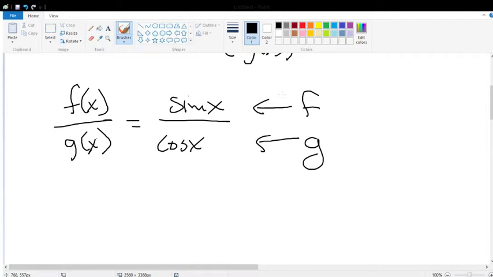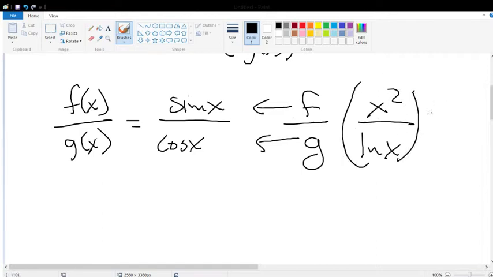So they're relatively easy to spot, like x squared divided by natural log of x. If you're trying to take the derivative of this function, you use the quotient rule, because this is two functions divided by each other. So this is when you use it.